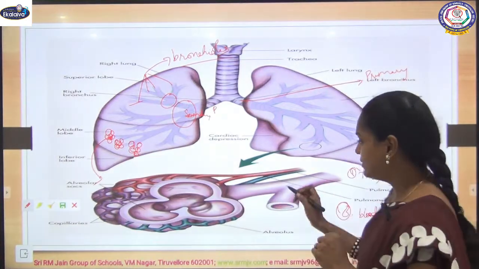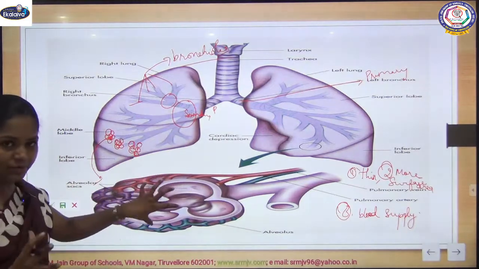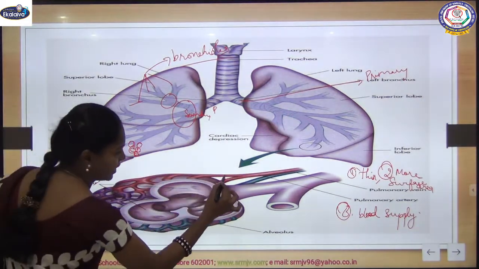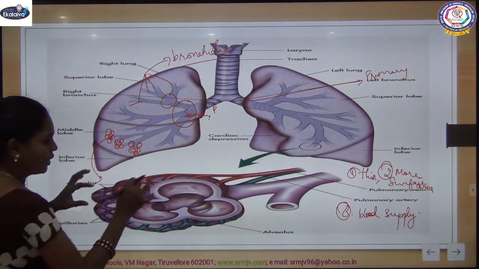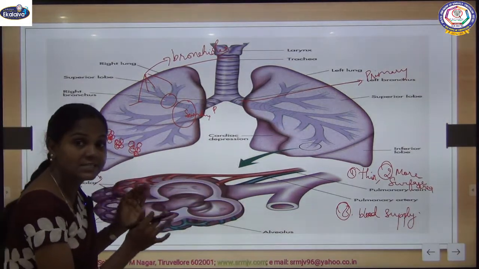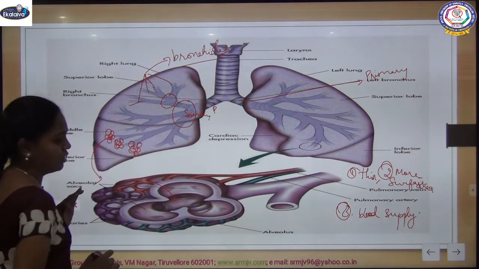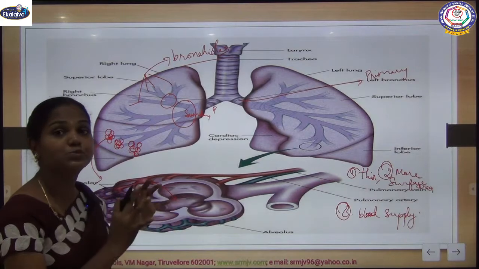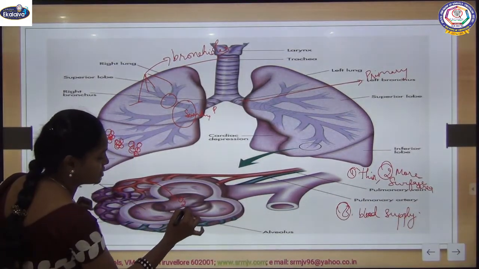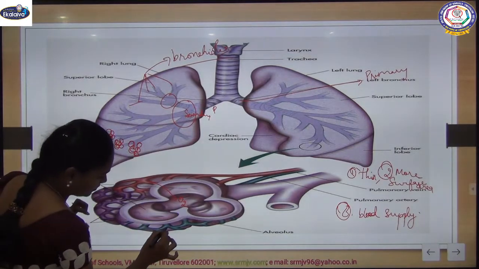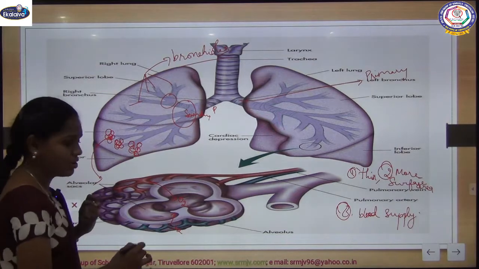You can see this enlarged alveolar sac surrounded by both the pulmonary artery and the pulmonary vein. This is how gaseous exchange takes place between this blood vessel and this alveolar sac. The alveolar sac is filled with air which is rich in oxygen, and here the deoxygenated blood is rich in carbon dioxide.